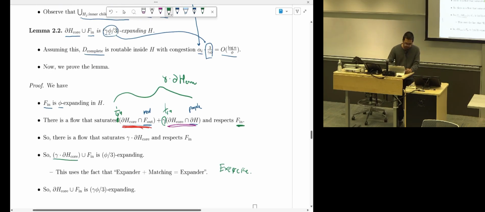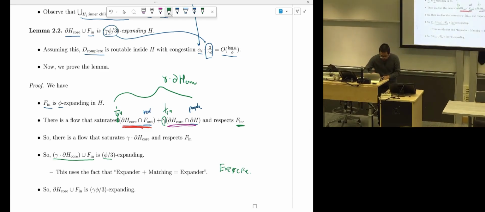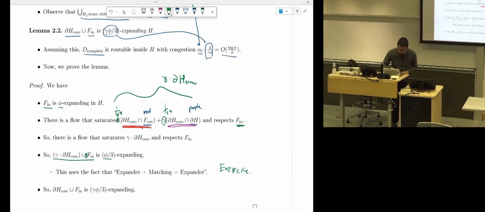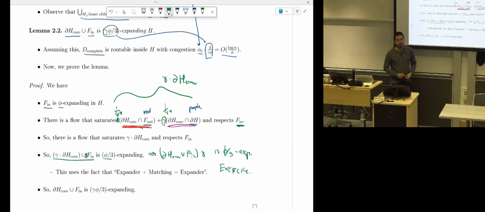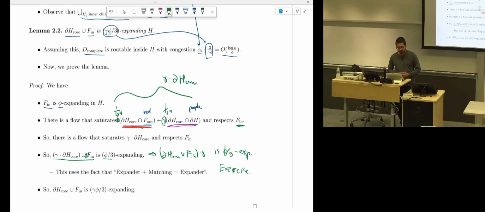If this thing is phi over 3 expanding, and I also scale this down by gamma, then it means that this union F in is phi over 3 expanding, so this thing is gamma times phi over 3 expanding. Okay, good.